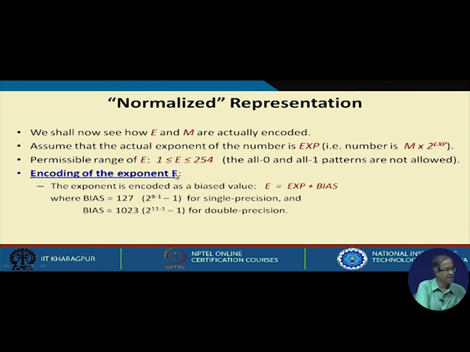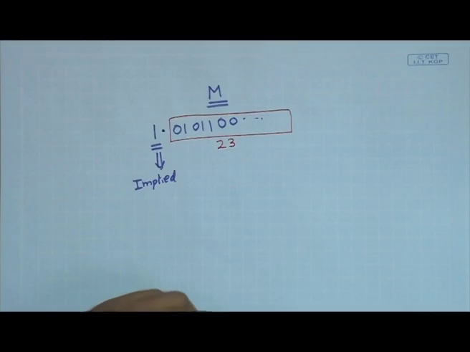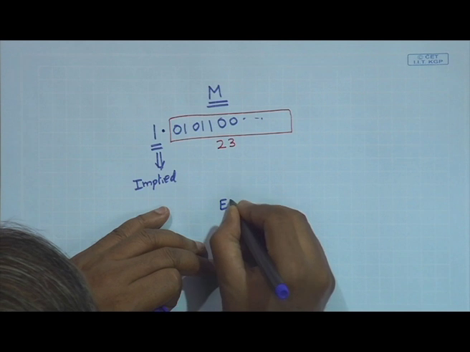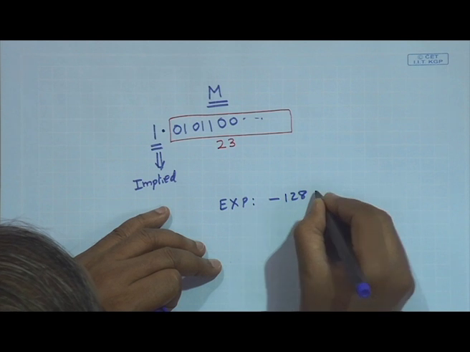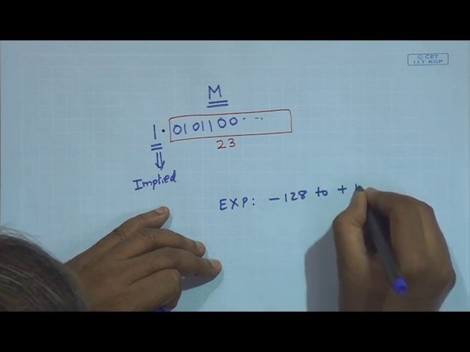So, how are we encoding e? You have your actual exponent exp, and we are adding a bias to it. You see, exp can be either negative or positive, but after you add this bias, e always becomes positive. So, how much is the bias? For 8 bit exponents in single precision, you take the bias as 127. If you look at the value of the actual exponent, it can range from minus 128 to plus 127.